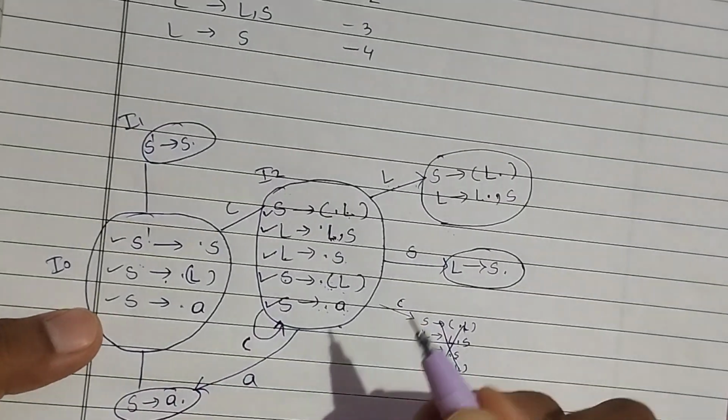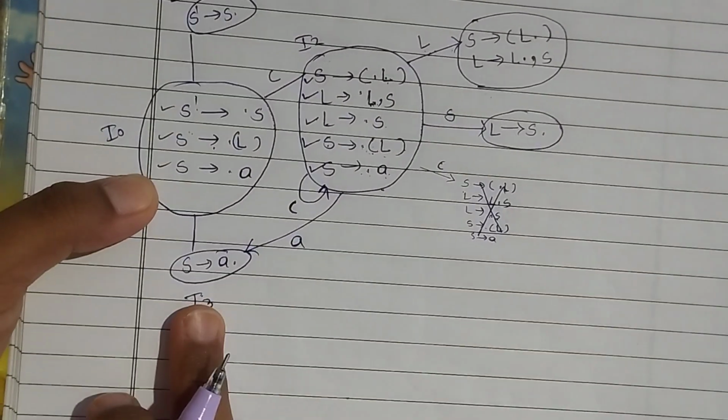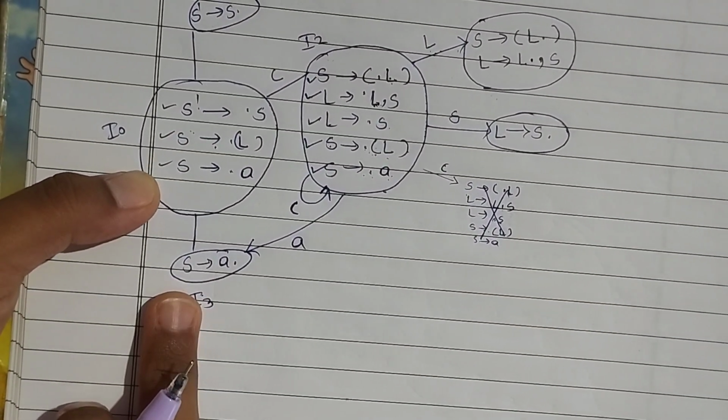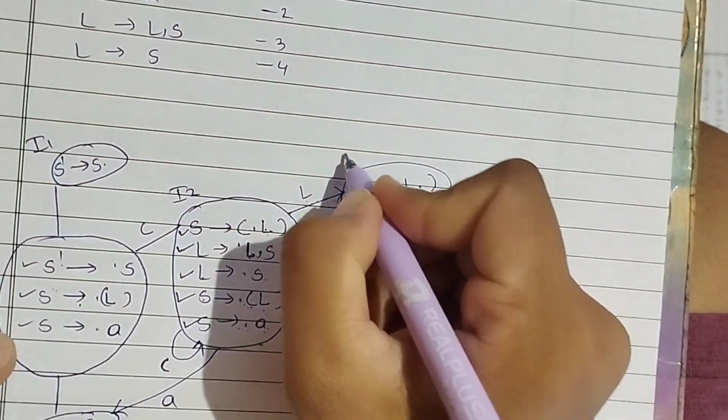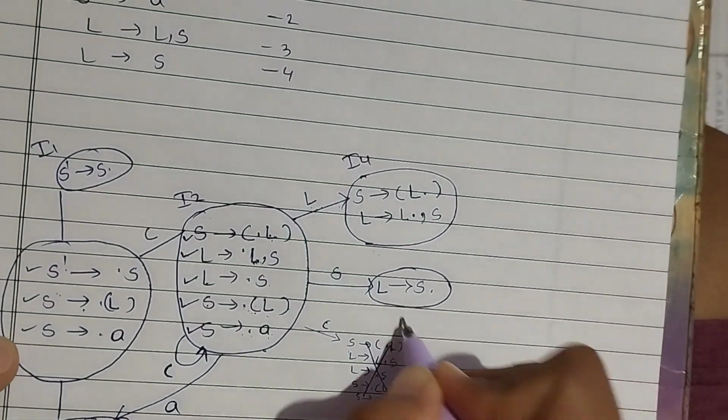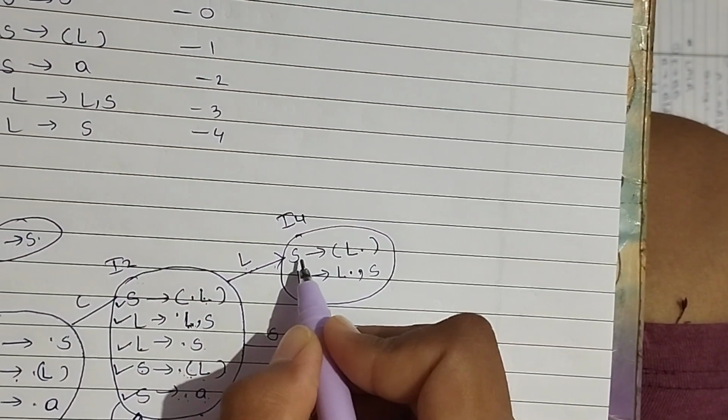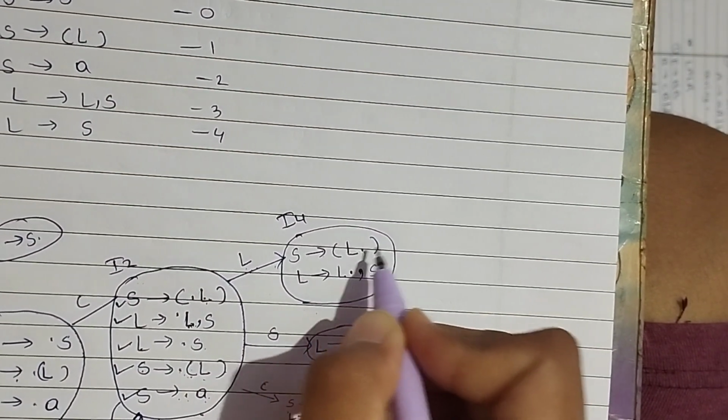Now this is also completed, so I2 is completed. I3 also has only one state, which is the acceptance state. Now we move here. This is I3, so let's suppose this is I4 and this is I5. Now again, is the state S → (L·) present here?